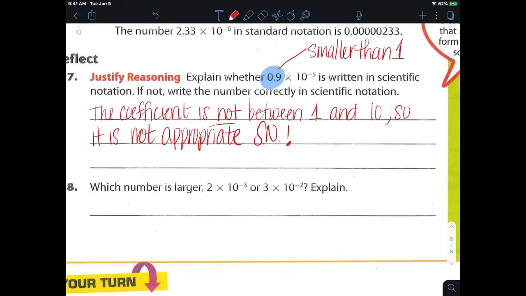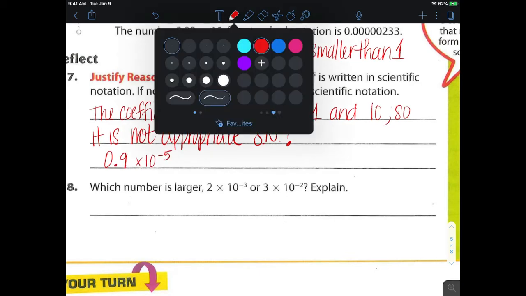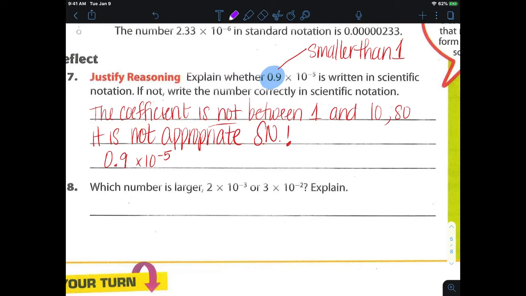Okay, so how do I write that? Well, I could go ahead and expand this out and do all those other things, right? But let me take a shortcut here. Okay, where do I need to move this decimal in order to make this an appropriate scientific notation? Well, looks like I need to move it there because 9 will give me a number in between 1 and 10. So that's 1 space, right?